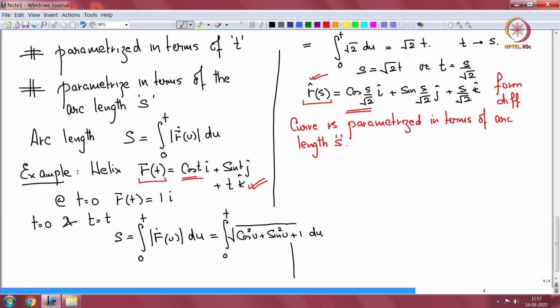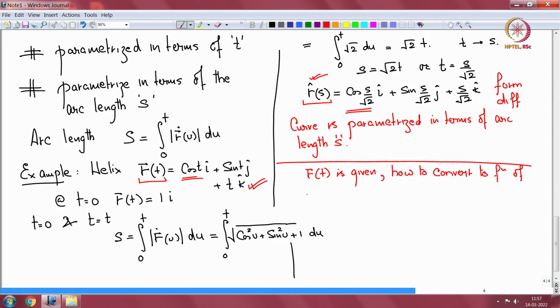Okay. So now if we have r of t given, how do we convert to a function of arc length?